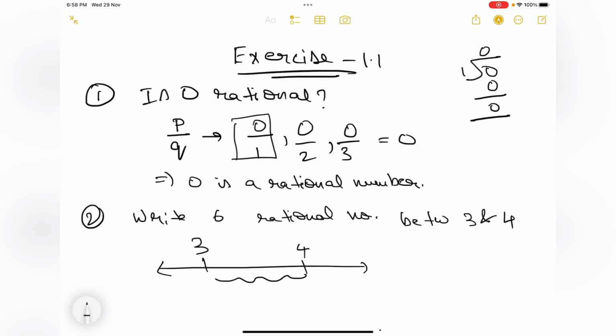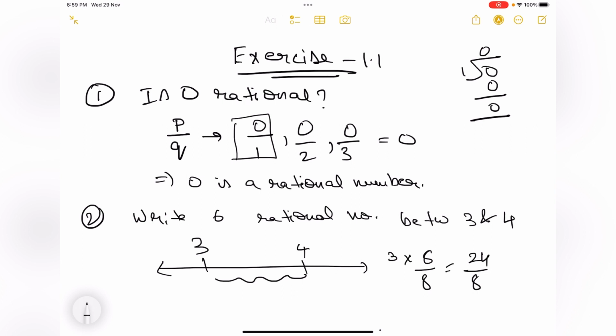Let us understand a simple trick that we can use here. First let us convert 3 and 4 into improper fractions. Let's say 3 into 8 divided by 8, which is 1. So 3 into 8 by 8 is 24 by 8, which is basically 3.